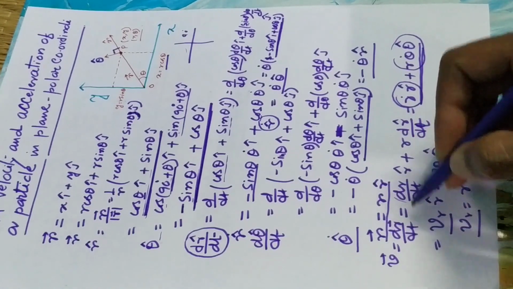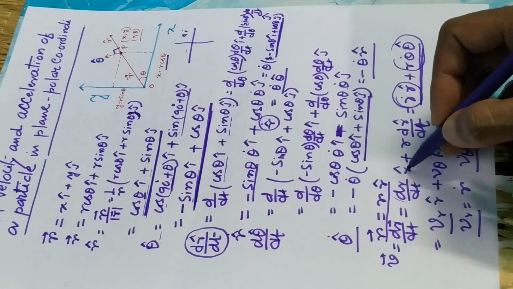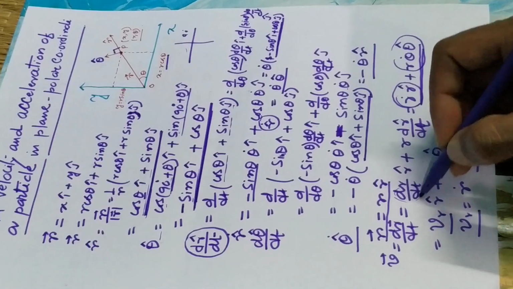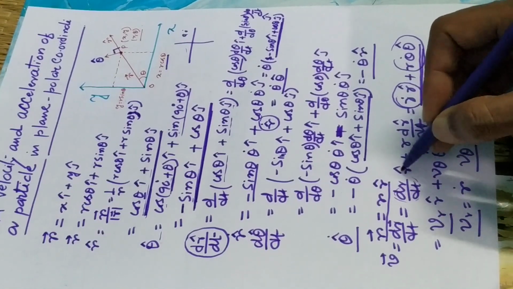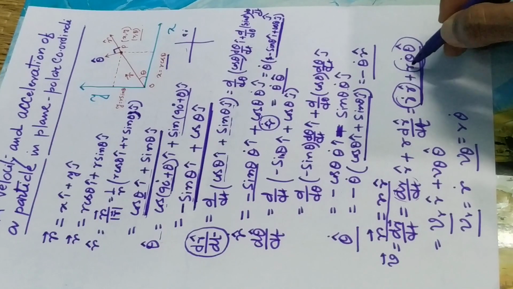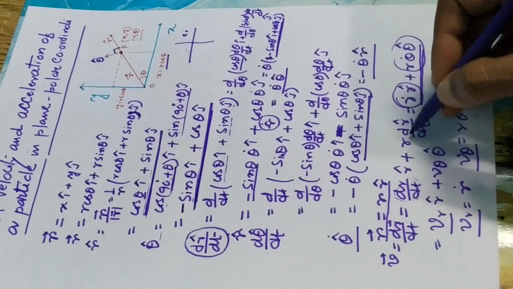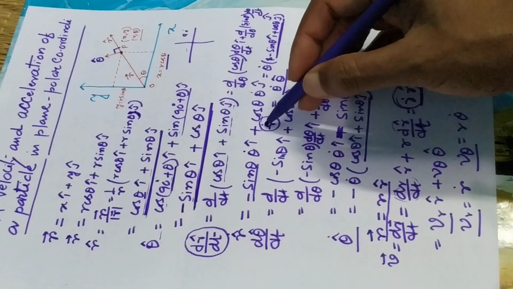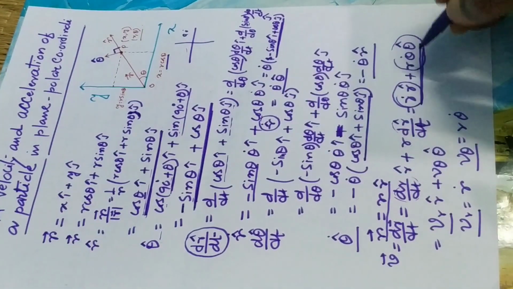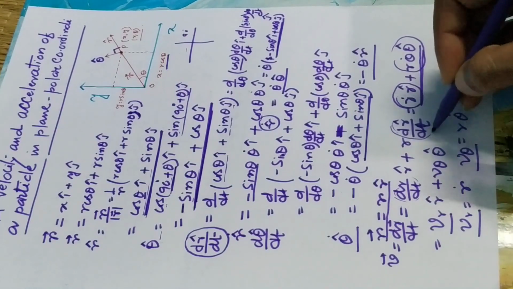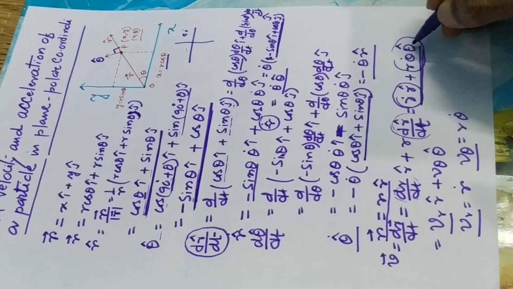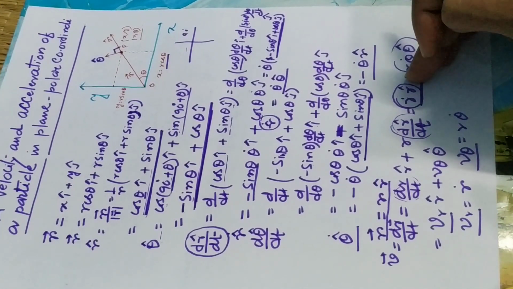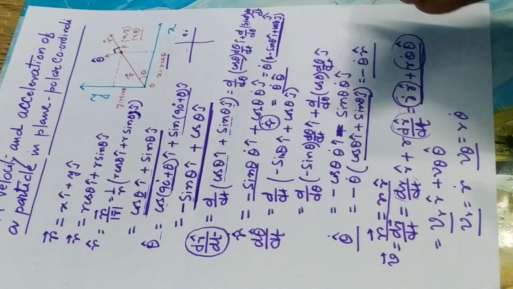So v is equal to dr/dt, which is equal to (dr/dt) r-cap plus r (dr-cap/dt). Here dr/dt is equal to r-dot, and dr-cap/dt is equal to r-cap-dot, which is equal to theta-dot theta-cap. Substituting the value of dr-cap/dt, it equals r theta-dot theta-cap. So this is the expression of the velocity of a particle moving in a plane.